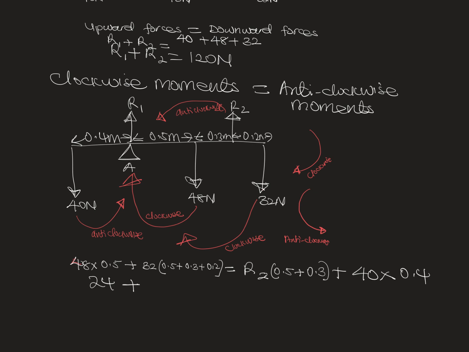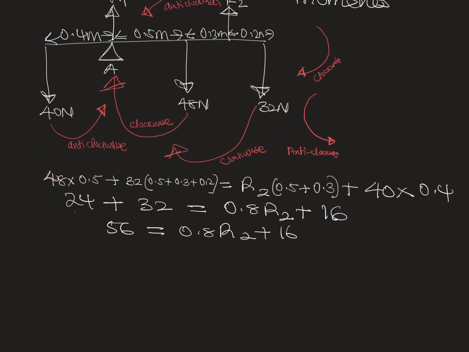We're going to have 32 multiplied by... well, 0.5 plus 0.3 is 0.8, multiplied by R2, so 0.8 R2, plus 40 multiplied by 0.4, which gives you 16. So what is 24 plus 32? That is 56 equals 0.8 R2 plus 16.